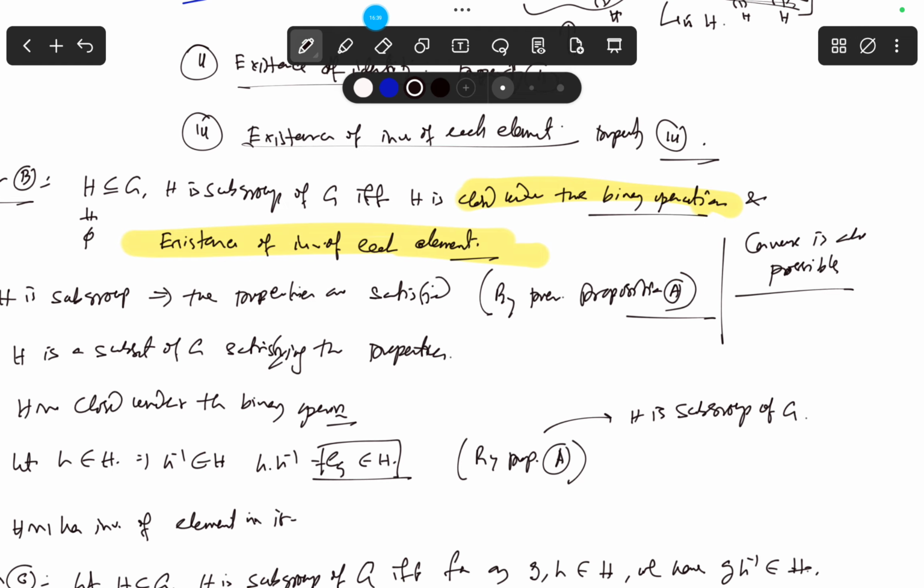Because if it is a subgroup, then of course it will be closed under the binary operation, and it will contain the inverse of each element inside the subgroup. Okay, so the converse is trivial.